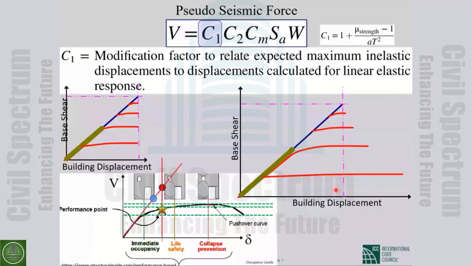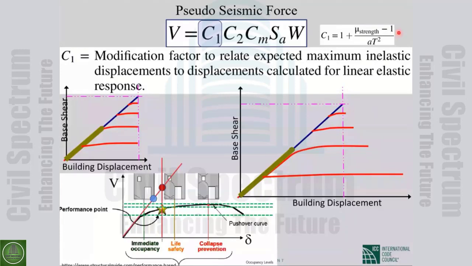So in our elastic analysis, we should increase the base shear to give us the same displacement as reality. One source of the change in displacement is that for shorter period buildings, especially when their strength is less, the inelastic displacement is more than the elastic. Tonight we are talking about elastic analysis, so you should multiply the base shear by a value to get this much displacement. So we should increase the base shear.